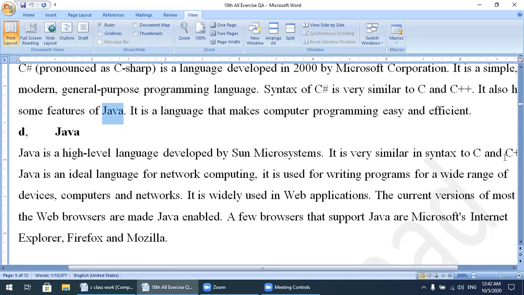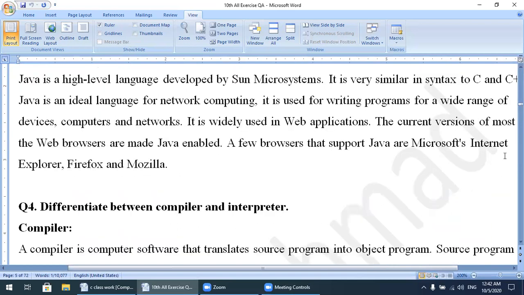For example, Chrome, Firefox, Internet Explorer, all have Java enabled. A few browsers that support the Java language are Microsoft Internet Explorer, Firefox, and Mozilla.